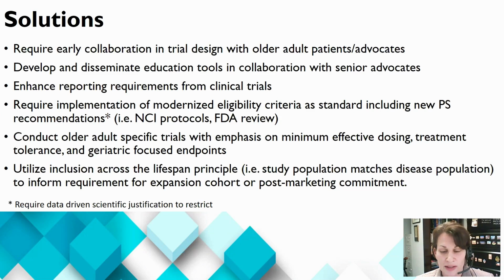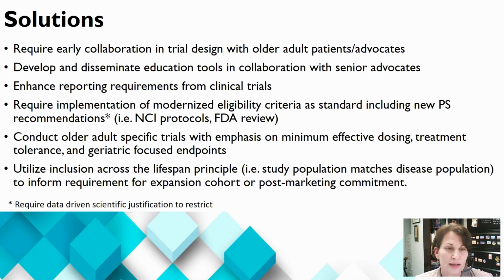And specifically, in doing so, should require a data-driven justification for restriction. So it should no longer be okay to say, well, we don't have data for older patients, and therefore that's a justification for restricting our criteria, but rather emphasizing the best practice of collecting data in earlier phase trials to study the safety of any drug or new therapeutic in older adults and in those with multiple chronic conditions.